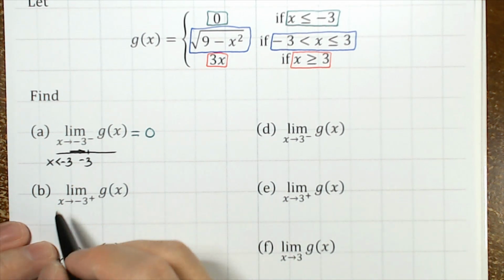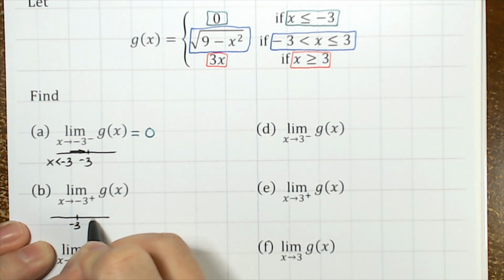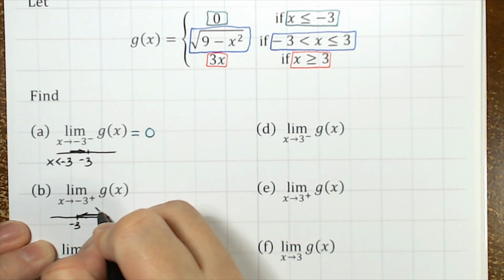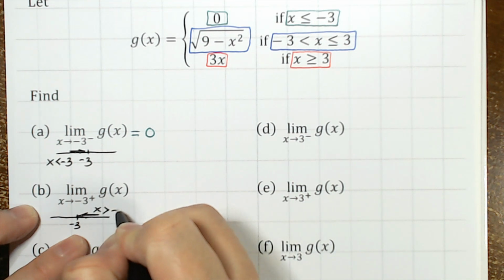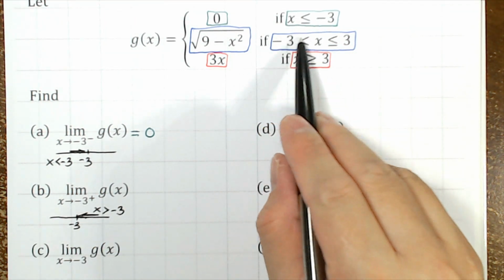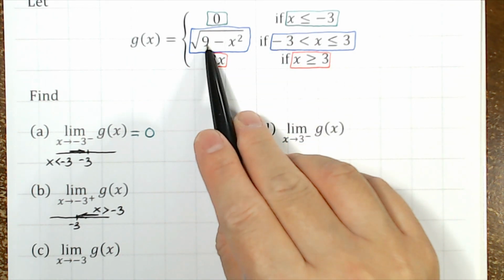Next, x goes to -3, but from the right hand side. So -3 here, and it goes from the right side. If that is the case, then x is going to be greater than -3. If it is greater than -3, we will have this part of the condition, so we're going to use this function.